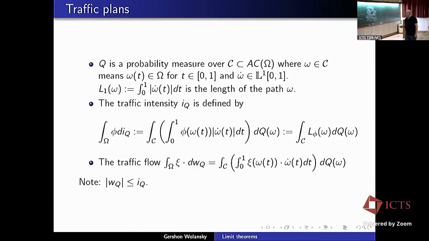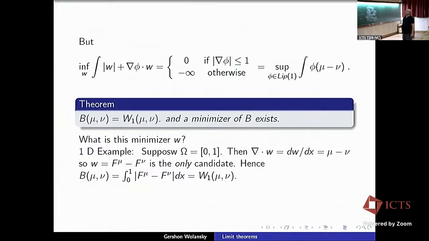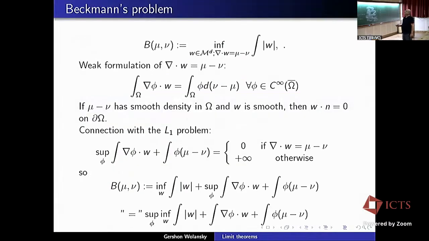The thing is that this W that I just described is actually the W that we studied in the Beckmann problem. If we formulate the transport problem on the set of paths, it turns out that the optimal measure is supported on straight lines, and the transport measure is the one which minimizes this functional.